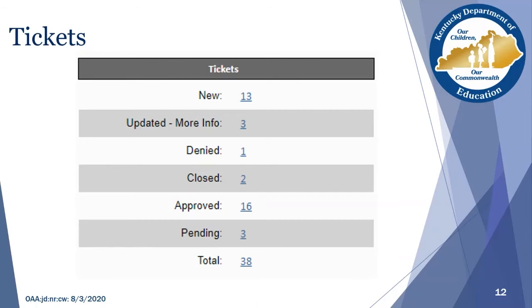That means you always want to pay close attention to that updated and more information, because that means we're waiting for more information from you. When you submit your 100-day or your non-participations, we will be looking closely at those and improving those.